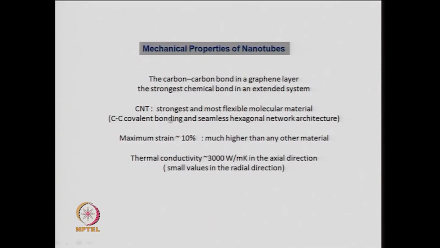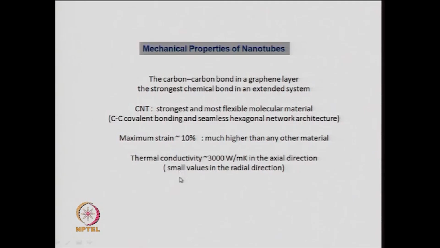So, carbon nanotubes are the strongest and most flexible molecular material because of this carbon carbon covalent bonding and seamless hexagonal network architecture. The strain that carbon nanotubes can take is approximately 10%, which is much higher than any other material. Now, the thermal conductivity is another property.